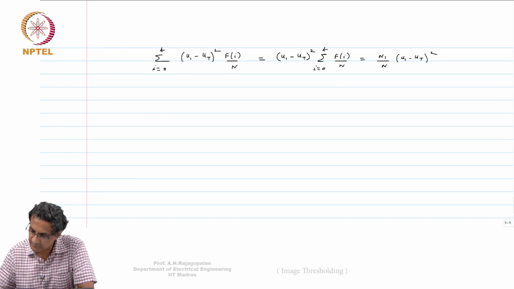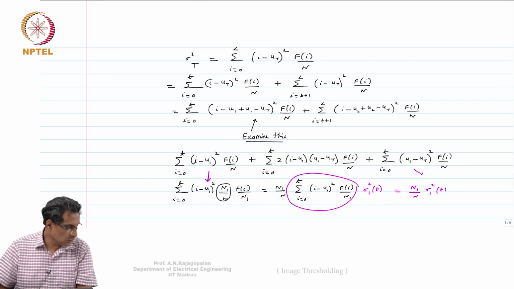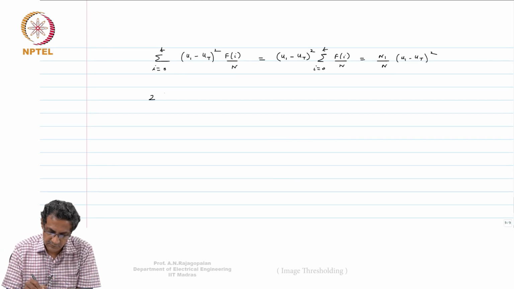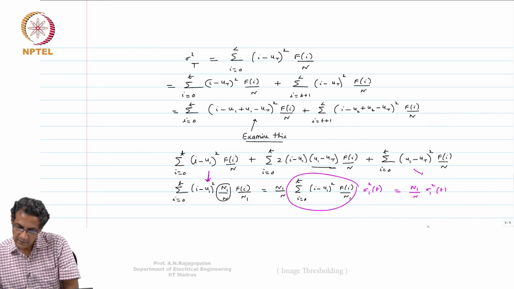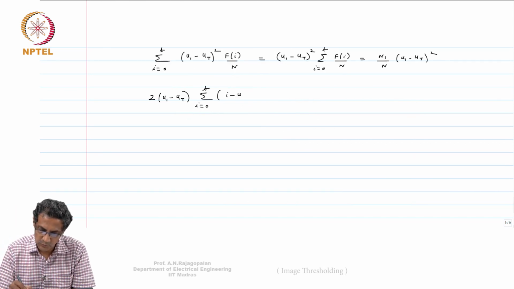Now examine the middle term, which is still remaining, which is 2 times (i minus mu 1). Out here, what we see is that mu 1 minus mu t is independent of i, therefore that can be pulled out. So, you will get 2 times (mu 1 minus mu t) into summation i equals 0 to t, and then what do you have here? (i minus mu 1) into f of i by n.